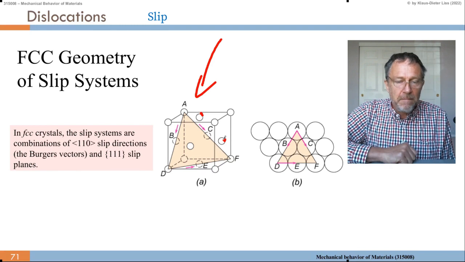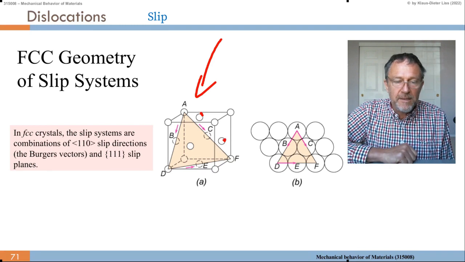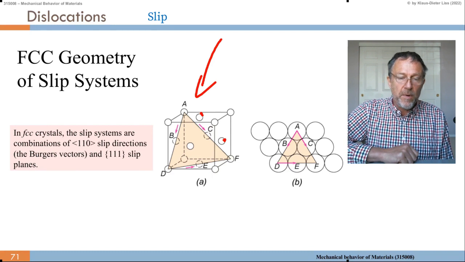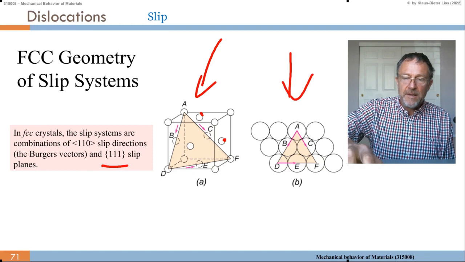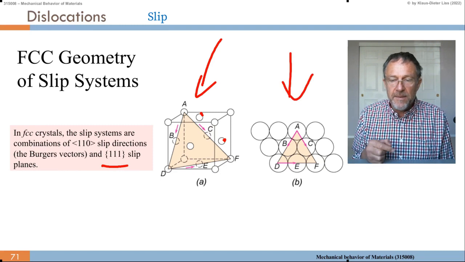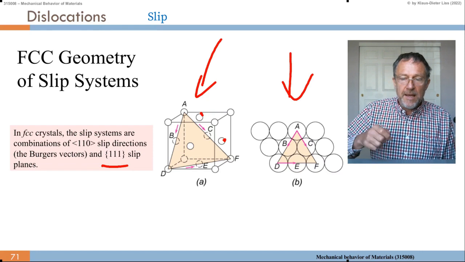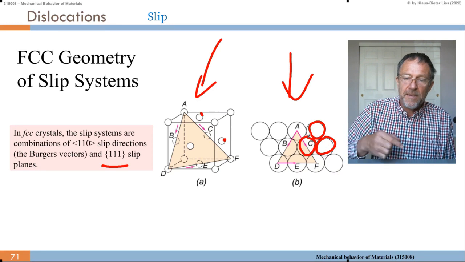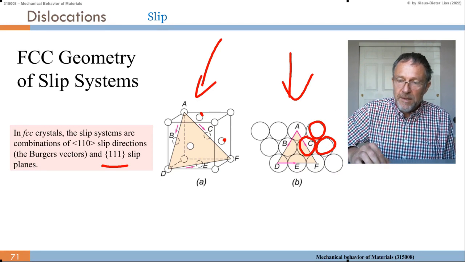The slip plane is shown here by this colored triangle, which is a 1, plane. So this is a typical 1, plane, which is redrawn here, seen from its normal direction. And there we see this is a close packed plane. That means the atoms, they touch each other and they are aligned in this triangular shape.